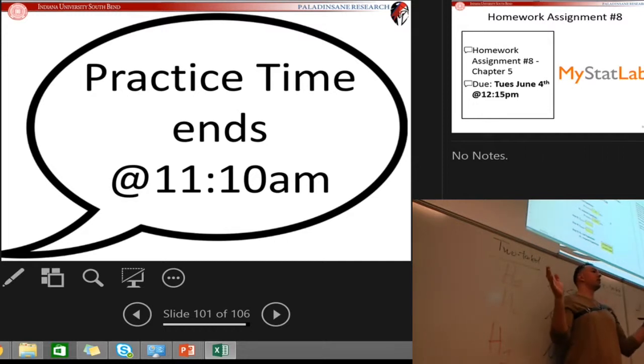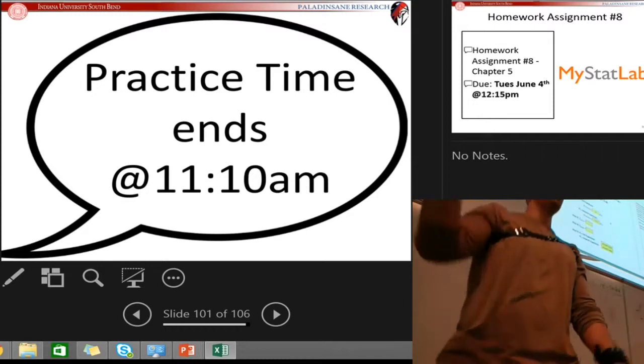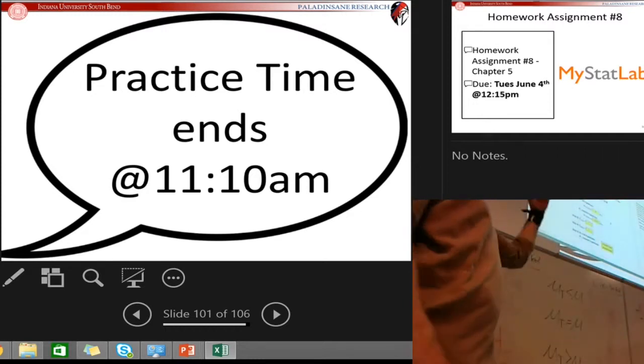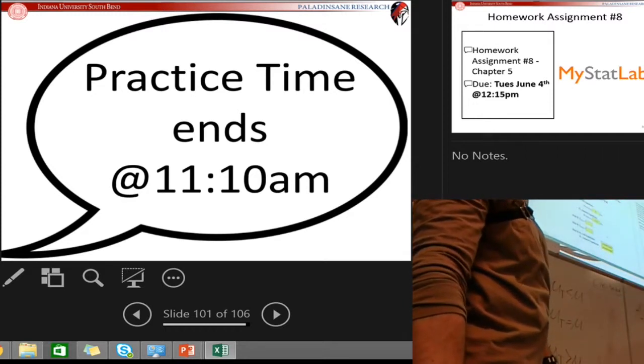If you erase all your symbols and you can't get, for example, less than or equal to, you don't know where to find it, call me over. I'll put less than or equal to in there. I won't tell you that it should be less than or equal to. That's your responsibility for the exam. But don't worry if Excel stuff happens. Call me over. I'll be more than happy to find that symbol for you and get it in there.